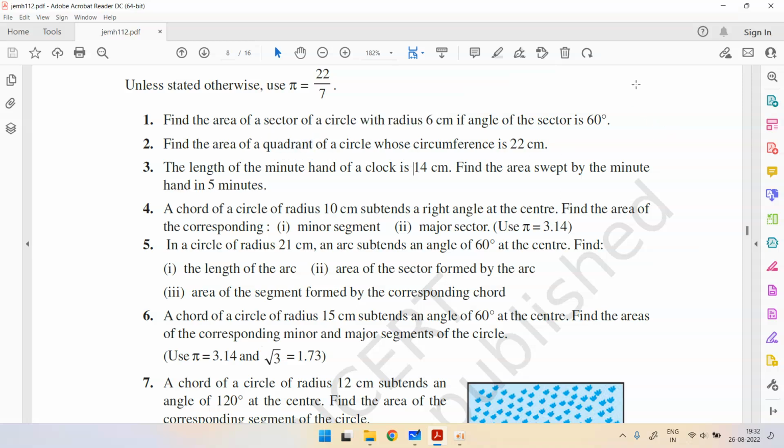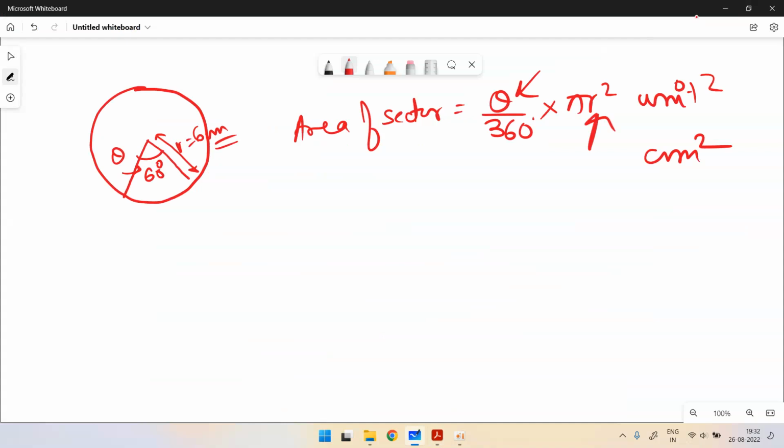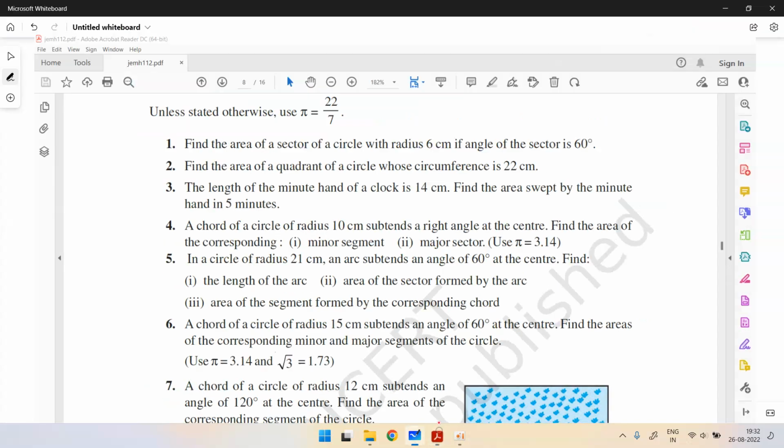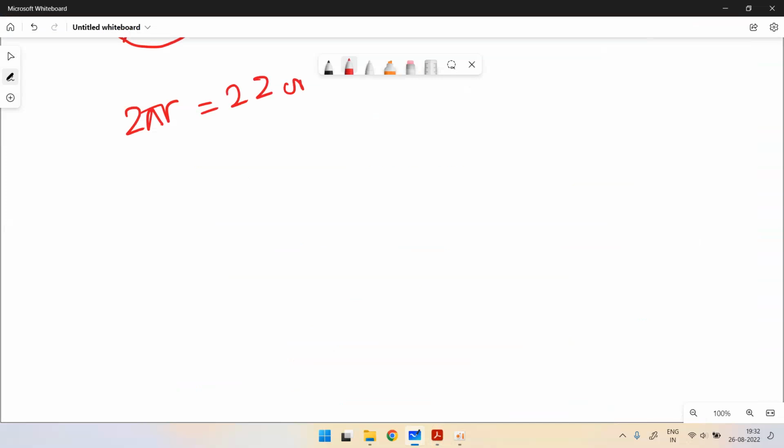Whose circumference is 22 centimeter. In the second question the circumference is given as 22 centimeter, meaning 2 pi r is given to be 22 centimeter, and you need to find the area of the quadrant. This is a circle divided into 4 equal parts.